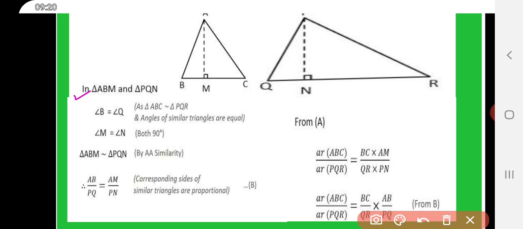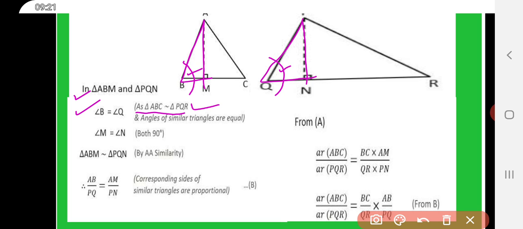In triangle ABM and triangle PQN, as triangle ABC is similar to triangle PQR, we can write angle B is equal to angle Q, given.